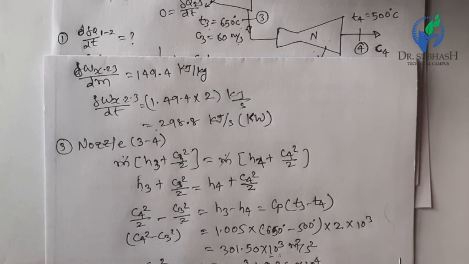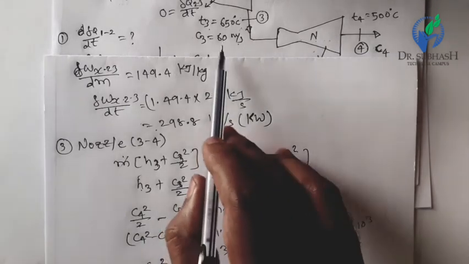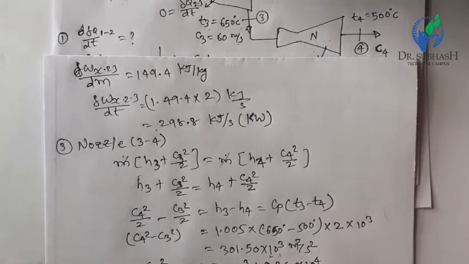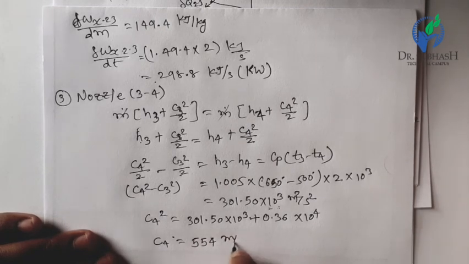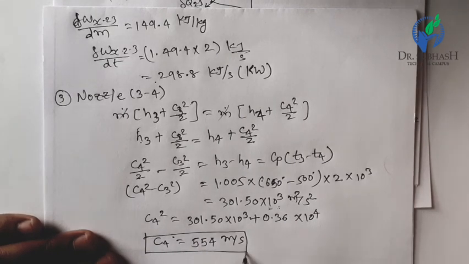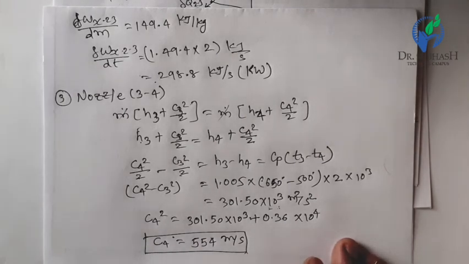So in this way we can calculate all the data which is asked of us. Here, for all the components in this numerical, we have already applied the SFEE equation to each and every term, and made assumptions as given or as per the given conditions. Okay, thank you friends.